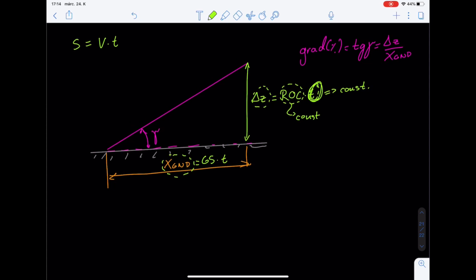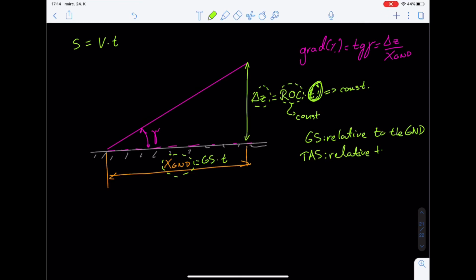So two kinds of speeds which we mentioned. We have the ground speed, which is relative to the ground, and we have the true airspeed, which is the speed relative to the air.